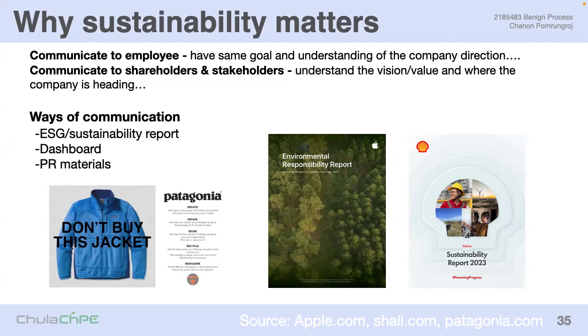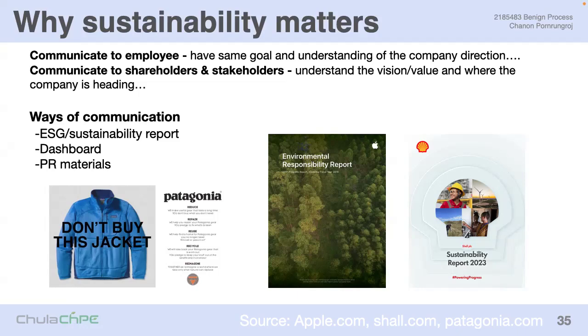by showing that we are sustainable, when you communicate to the employees, the employees become more attached to the company, which means we not only want to make product, but we want to make meaningful change to the world.